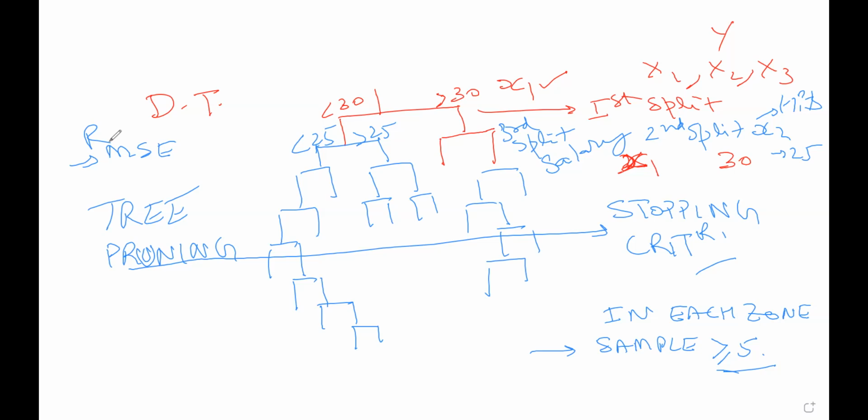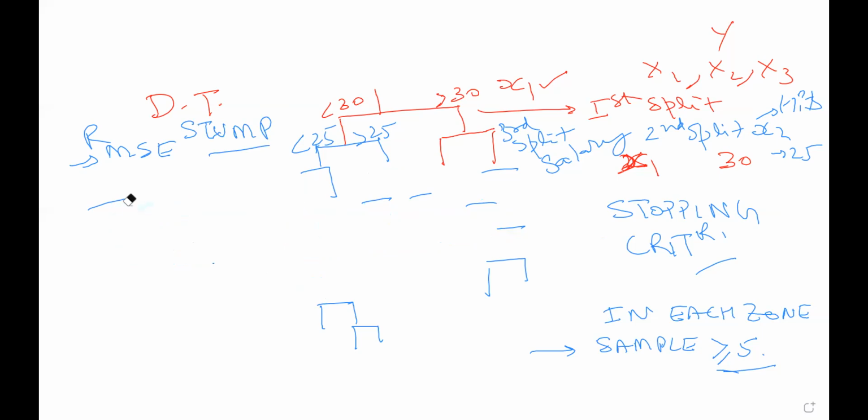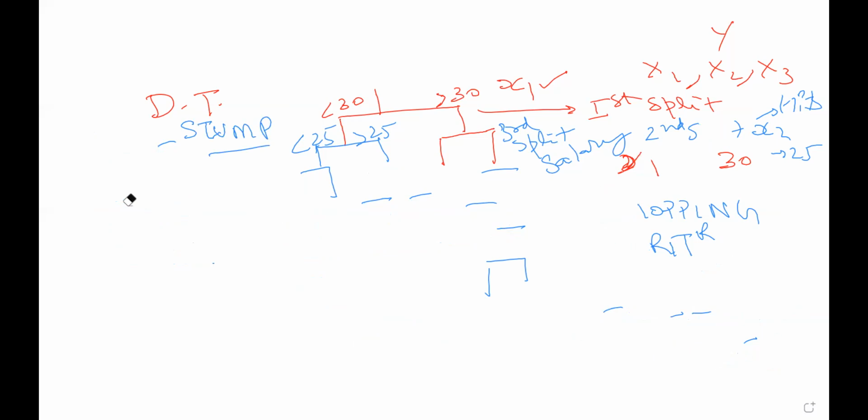Now I'm going to deal with something called a decision tree, right? So I'm going to change the word and use something called a stump, and we'll understand what this stump is all about, and from here we are going to take it forward. Any questions from what we have done so far?